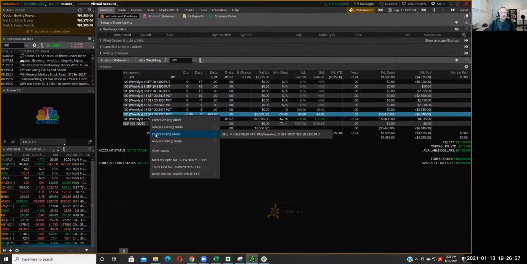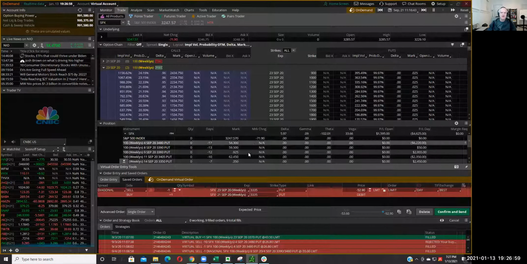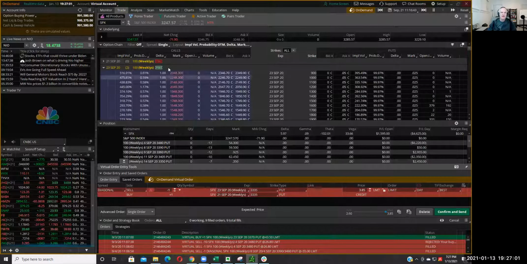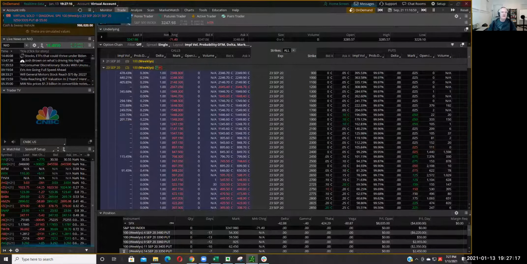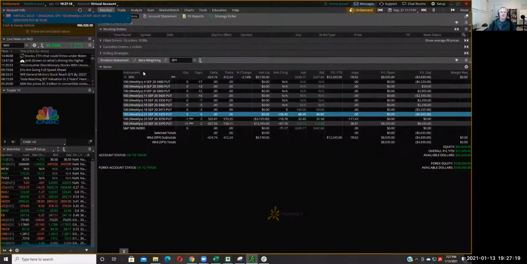So I'm going to roll this to the 23rd, and I'm going to have to roll it down to 32.50, 32.50. And it looks like it's going to be a $55.60 debit. So I'm going to create here, and looks like I'm going to stop sharing and change the time.